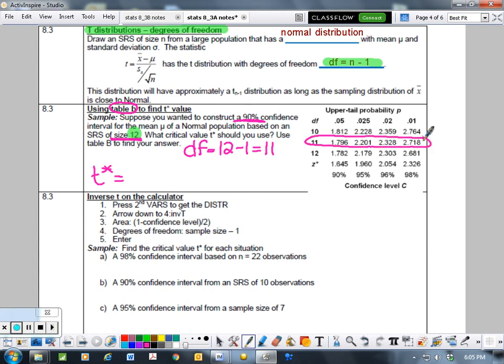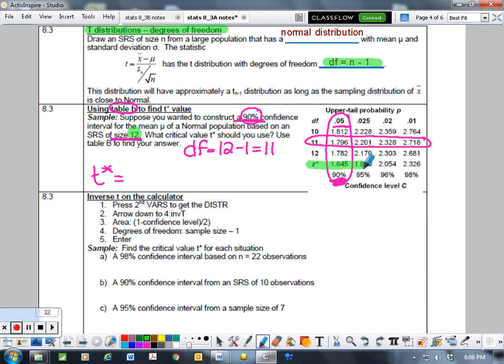And then I look at my upper tail probability. So what is the area? If it's 90%, that means I have 10% left over, which means there's 5% on each tail. The nice thing about the t-distributions is it tells you the confidence level at the bottom. So this is a 90% confidence level, which means that the area is 0.05. And this is something really cool for those of you who don't like to use your calculators or want to use your tables.